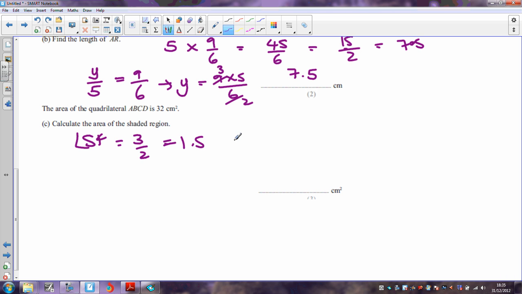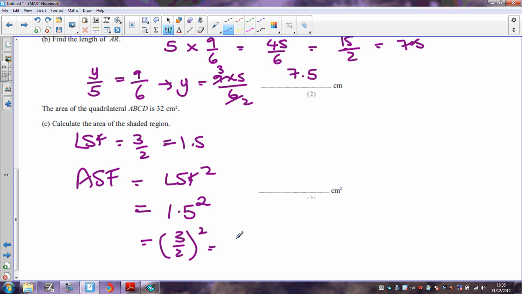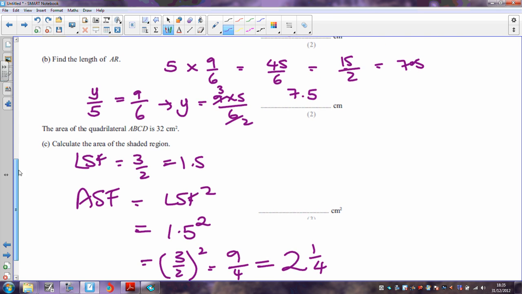Now, if the length scale factor is 1.5, the area scale factor is always the length scale factor squared. In other words, we're going to do 1.5 squared, and 1.5 squared, or 3 over 2 squared, comes out as 9 over 4. In other words, 2.25. That means that all of the areas have to be multiplied by 2.25.